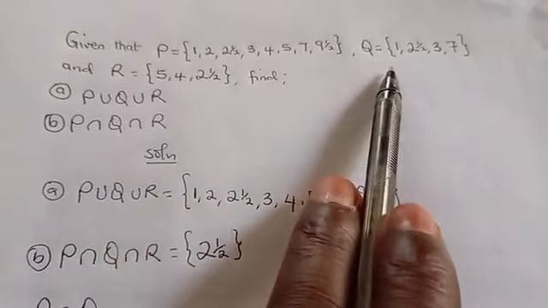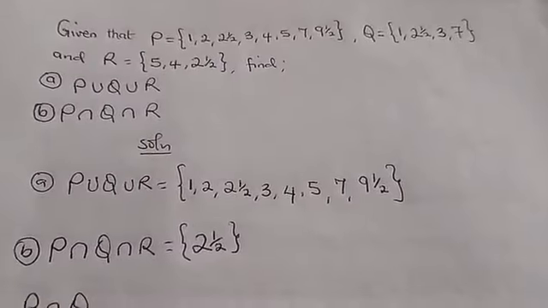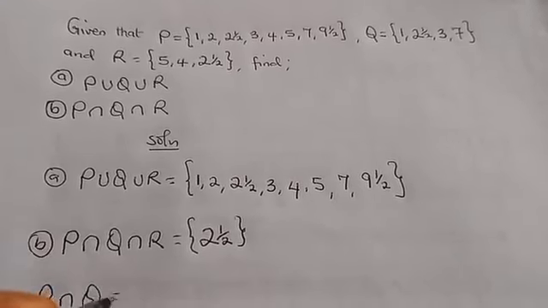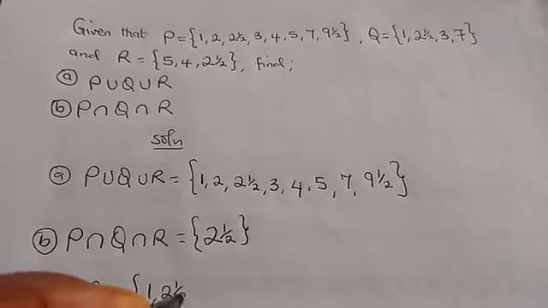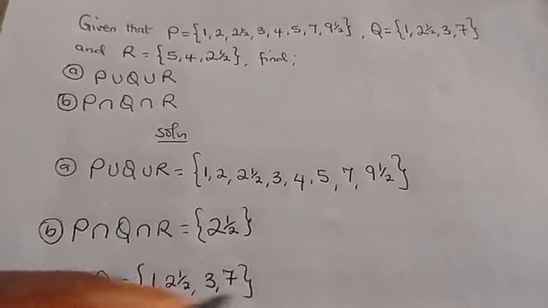So we can say P intersecting Q is equal to {1, 2.5, 3, 7}.